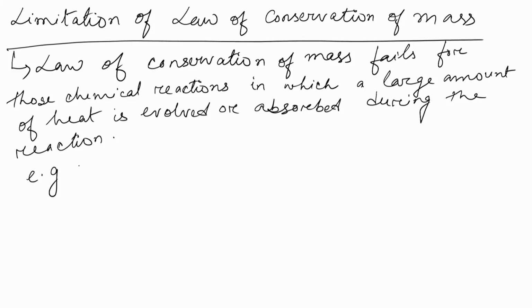So, the example for this limitation can be nuclear reactions. Okay. So we have completed the law of conservation of mass. Now we will start another law, which is known as the law of definite proportions or constant proportions.